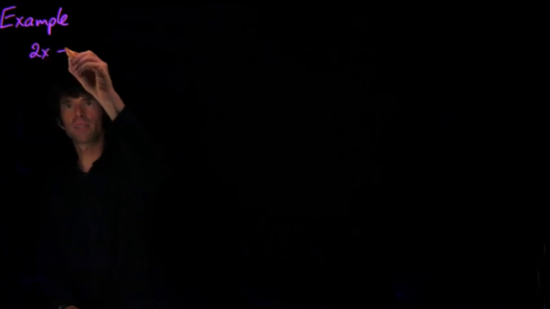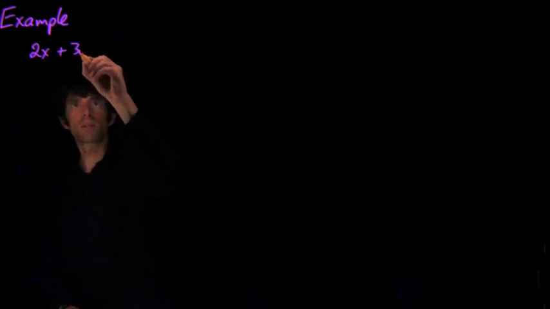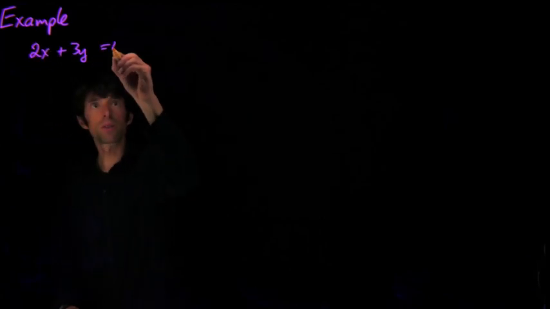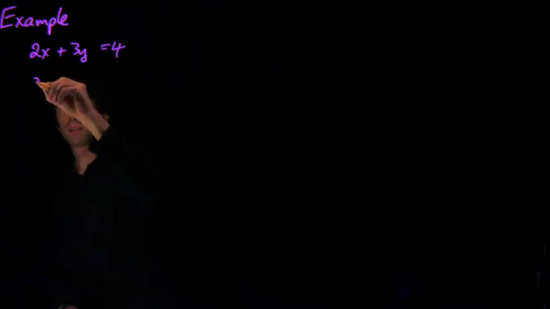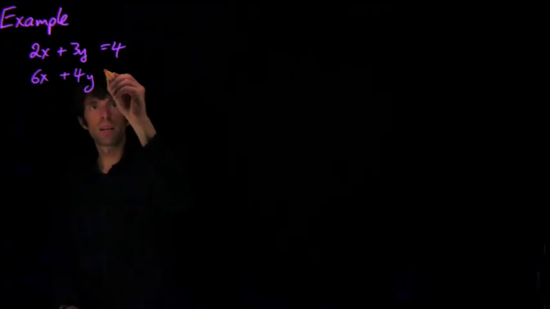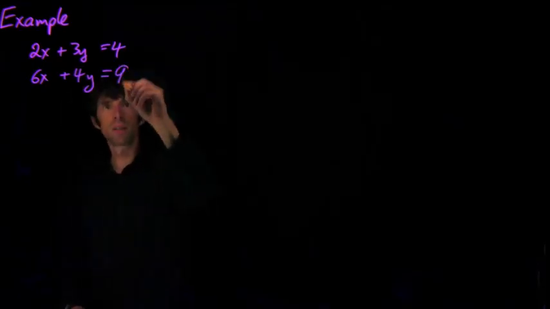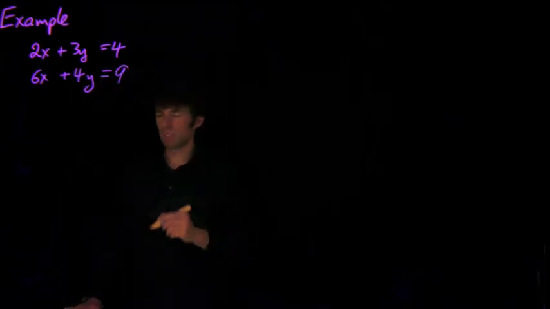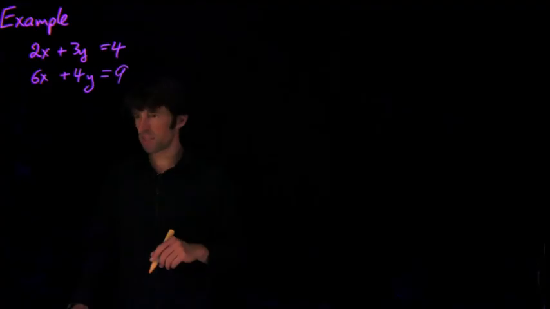So I've got a system here. Let's suppose we're going to look at 2x plus 3y equals 4, and 6x plus 4y equals 9. So there's a system of two equations, two unknowns.